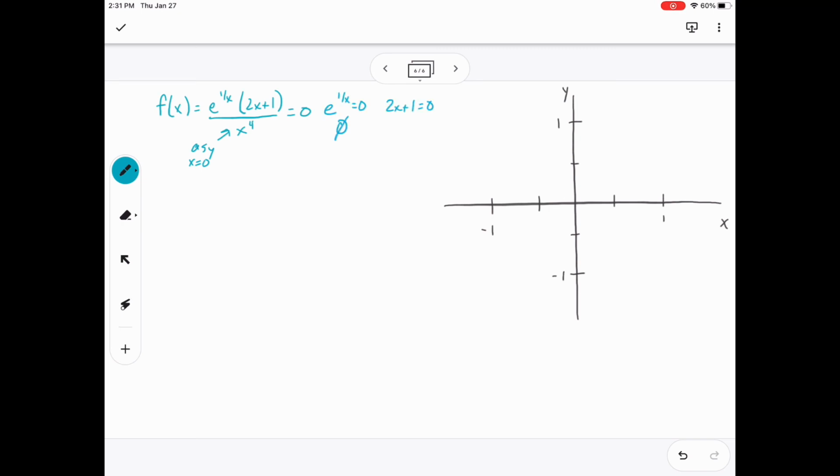Set my numerator equal to 0. Remember that e to the 1 over x equals 0 is not possible, but I do have a point of inflection at -1/2. So using that and 0, where my asymptote is, I'm going to plug in points in those same regions and figure out whether I'm positive or negative in those, so I can figure out my concavity.